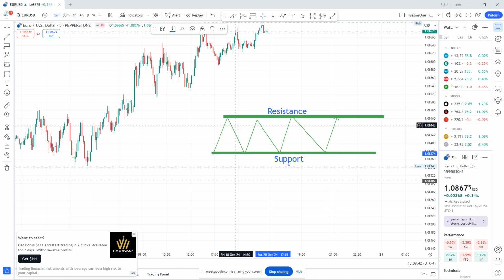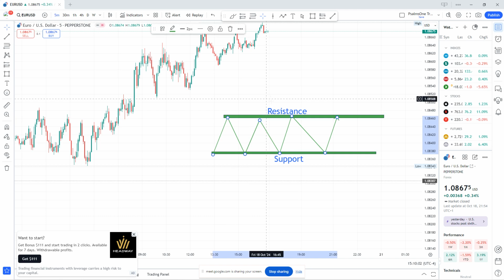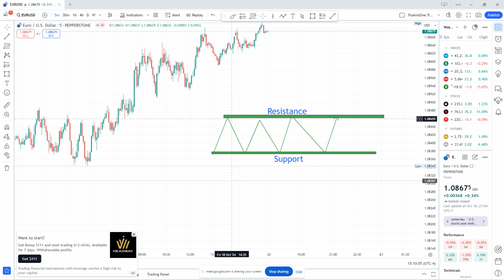Resistance is where price reaches this place and comes down. It means people found this a very good price to sell their assets, so nobody wants to buy above this level.